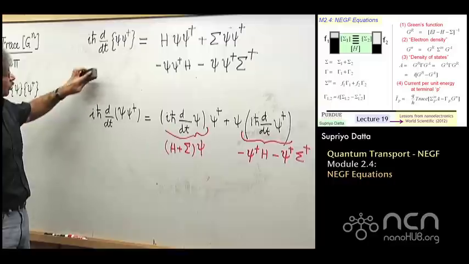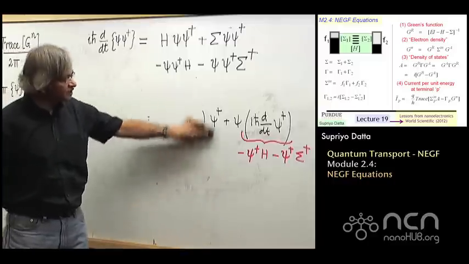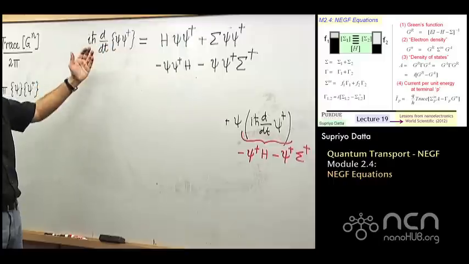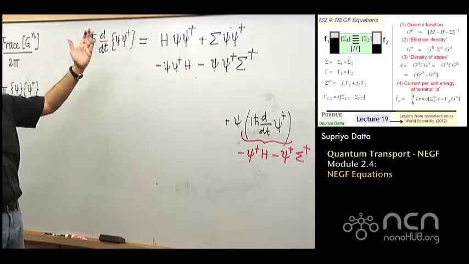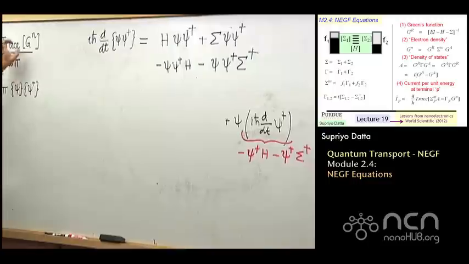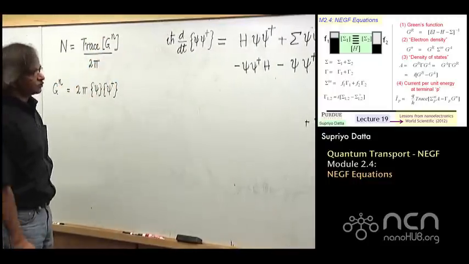Okay? But since we are interested in the change in the total number of electrons, we could take the trace of this. You see? Because the total number of electrons, as we had argued, is like the trace of Gn. So let's take the trace of both sides.